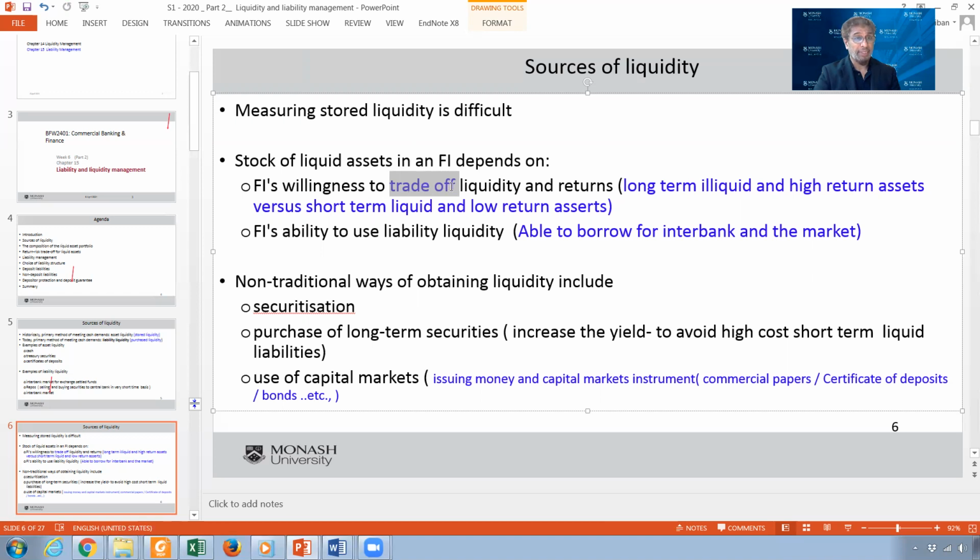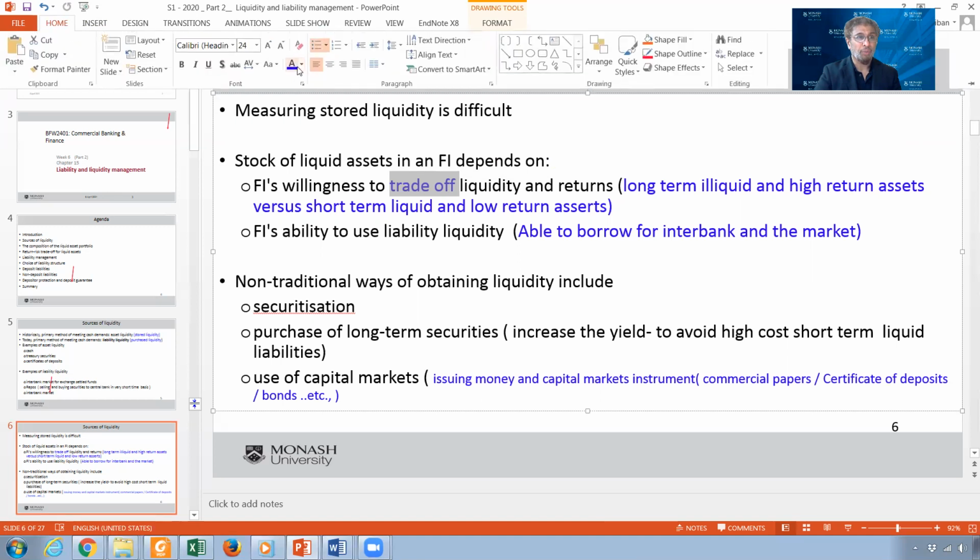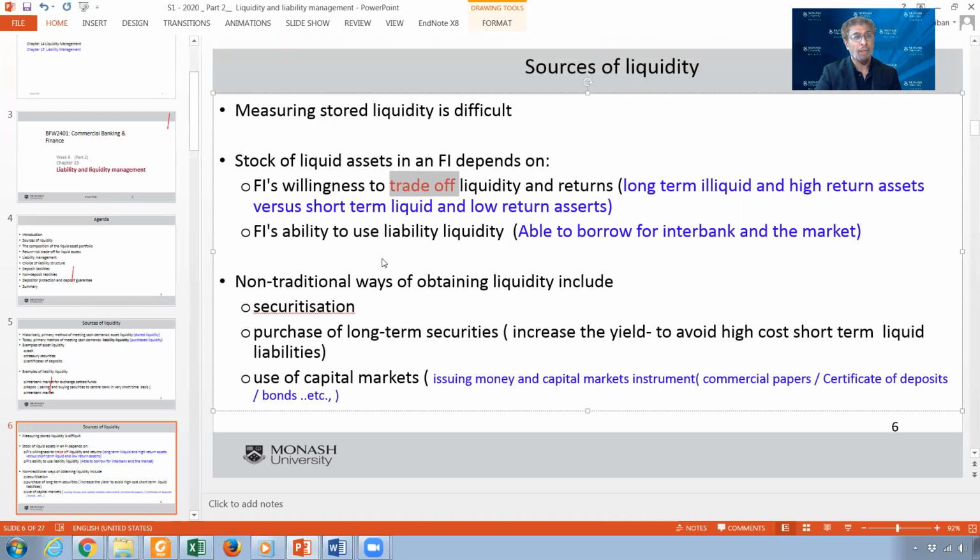If you want to keep the same money for a very short term, they will not even give you 1%. So you want more return, there will be more risk. You want less return, there will be less risk. This is what we mean by that trade-off. And I want you to be aware of this concept in this context.